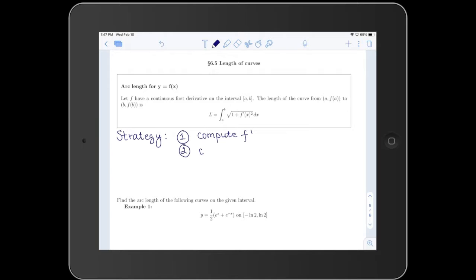Step number 2, square that. Compute f prime squared. Then we need to compute and simplify the expression 1 plus f prime of x squared.